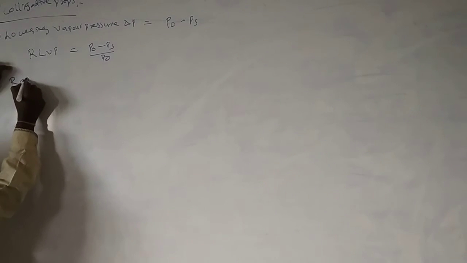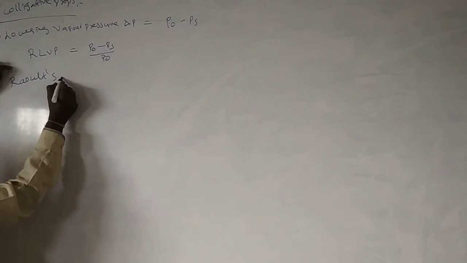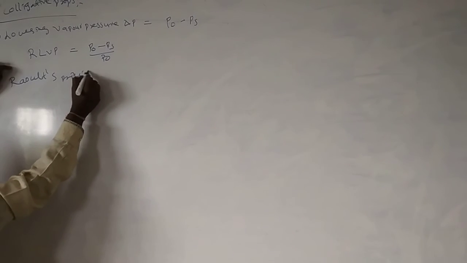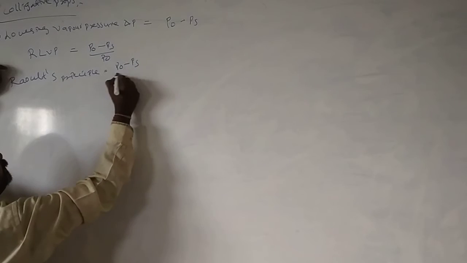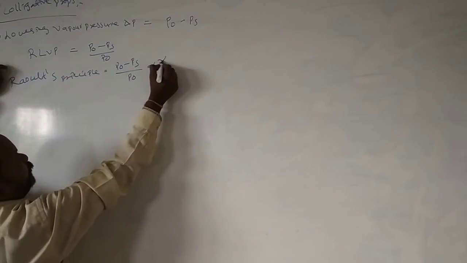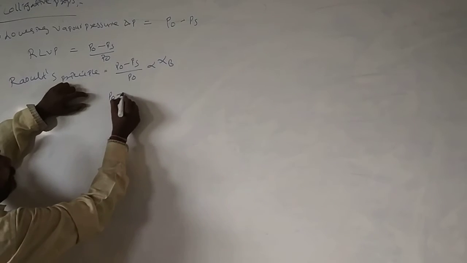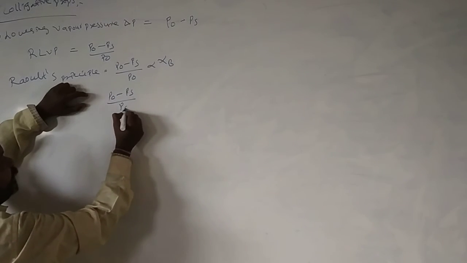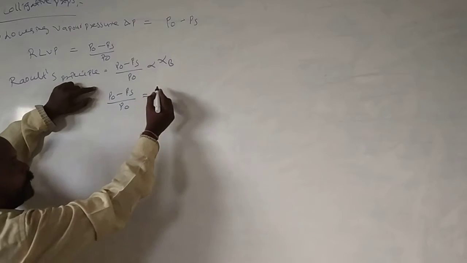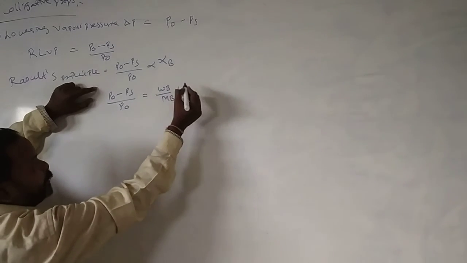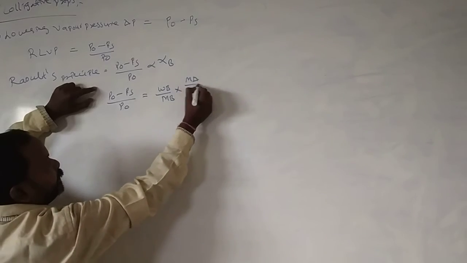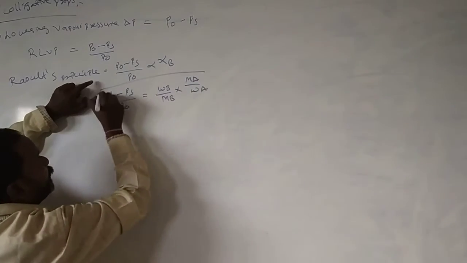Raoult principle: relative lowering of vapor pressure is directly proportional to XB. The final principle is (P0 minus PS) by P0 equals WB by MB into MA by WA.